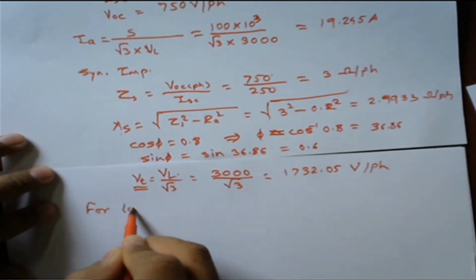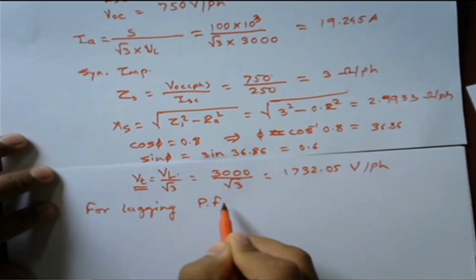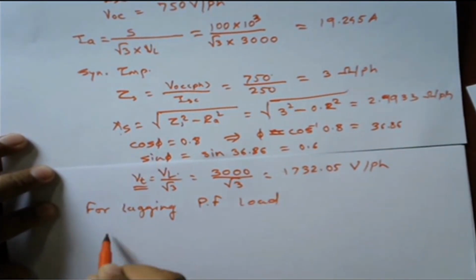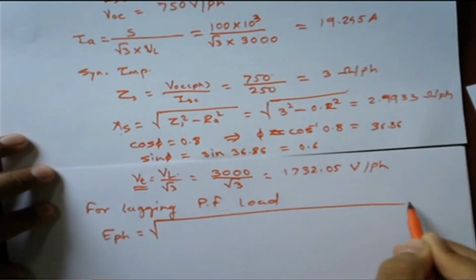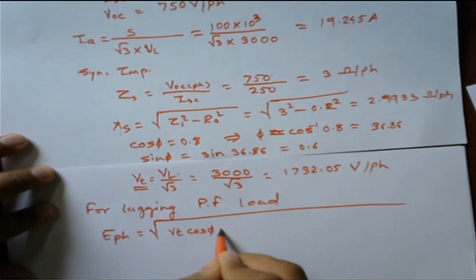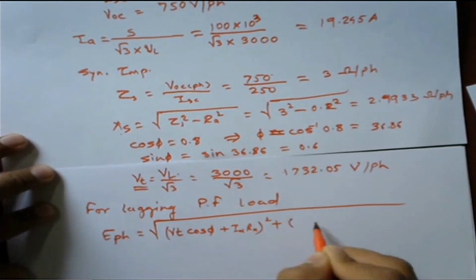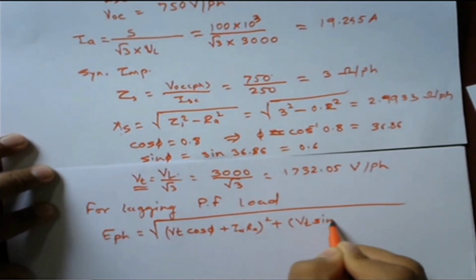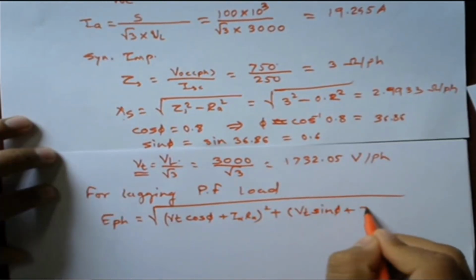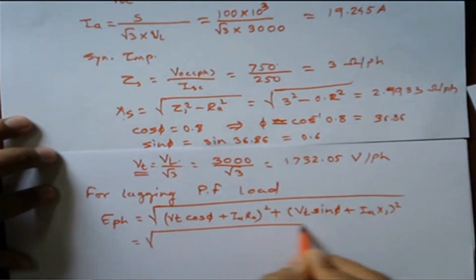Okay. So let us calculate for lagging power factor load. This EPH, which is nothing but the no load voltage, is equal to the square root of (Vt cos phi plus Ia Ra) whole square plus (Vt sin phi plus Ia Xs) whole square. I will place the values.